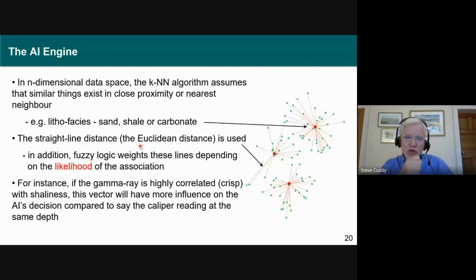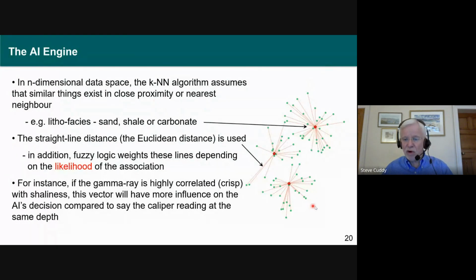Now let's have a close look at the AI engine. Now we're looking in this n-dimensional space. The n-dimensional space is where all the data resides, the logs, the core, and so on. We use a system called the KNN algorithm, and this simply is looking for the closest neighbors in n-dimensional space.